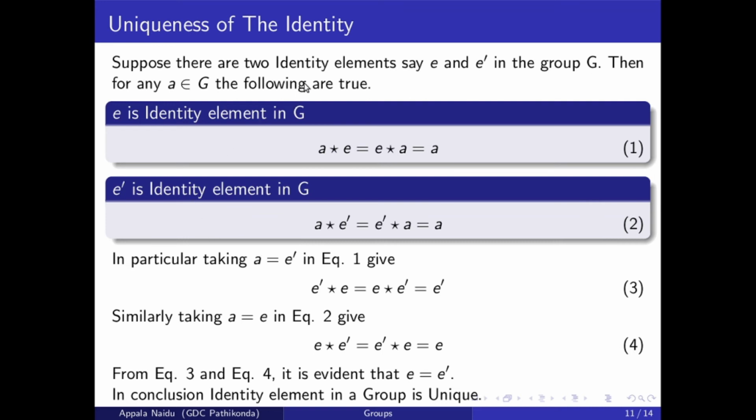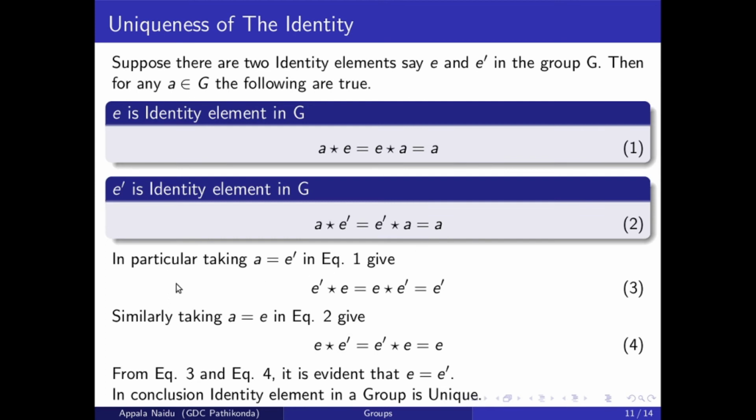Suppose there are two identity elements in the group, say e and e prime, they are in G. Since e is identity element, a star e equal to e star a equal to a for any a in G. Similarly, since e prime is identity element in G, a star e prime is equal to e prime star a is equal to a.